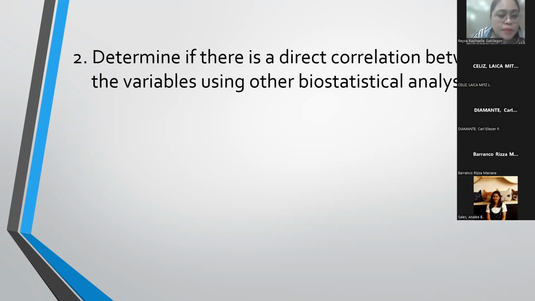Yan yung ibibigay sa atin ng Pearson-R correlation. Kasi we cannot really conclude whether there is a direct correlation if we will just look at the data. Okay? Titingnan mo lang, ito yung mga results niya sa weight, ito yung results niya sa length ng tail. Hindi mo siya masasagot kung may relationship ba or wala. Kaya kailangan natin yung statistics.